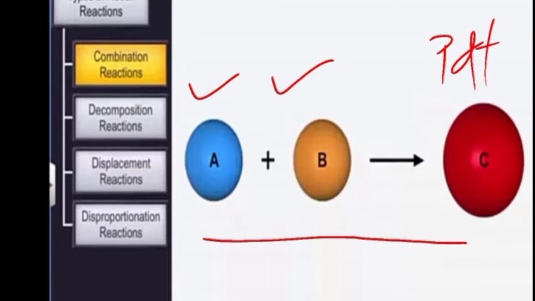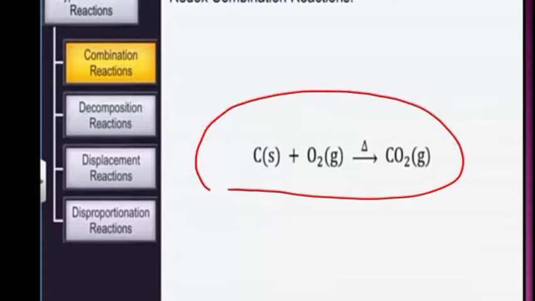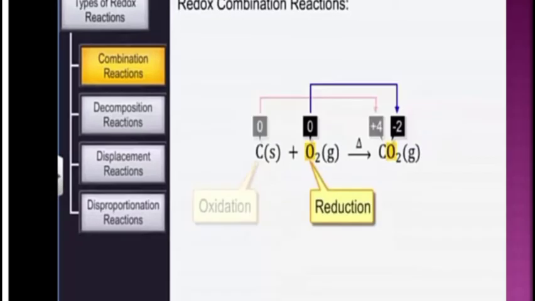This reaction is known as a combination reaction. But not all combination reactions are redox reactions, so how can we understand that? This is one of the examples of a redox combination reaction. For a redox combination reaction, one of the reactants should have the oxidation state 0.